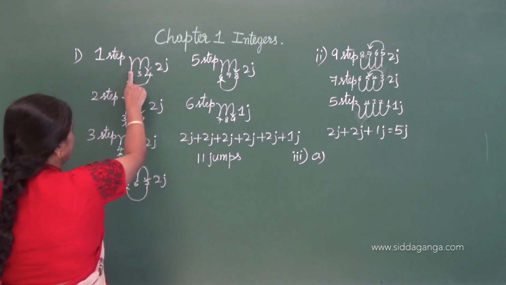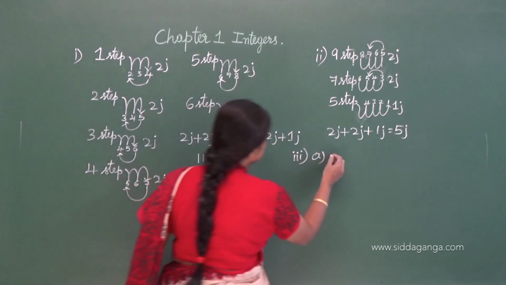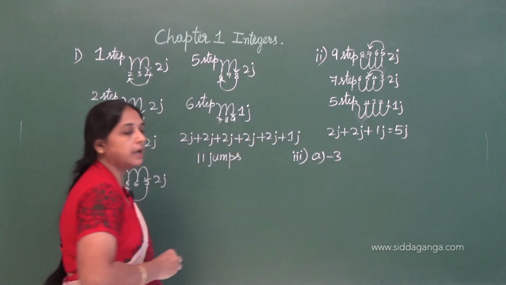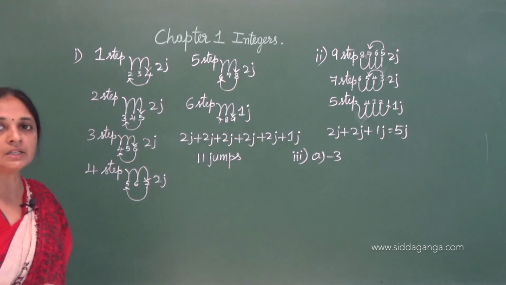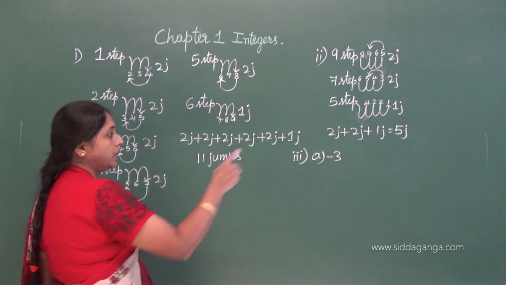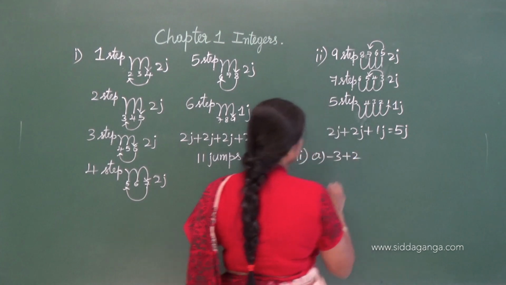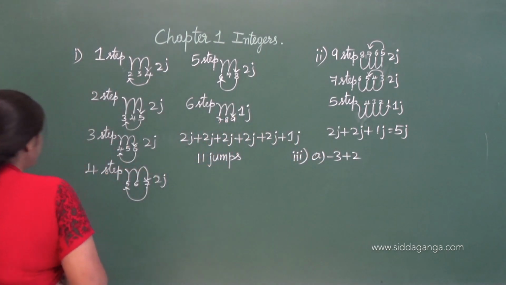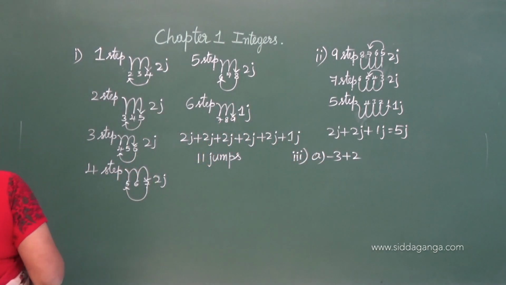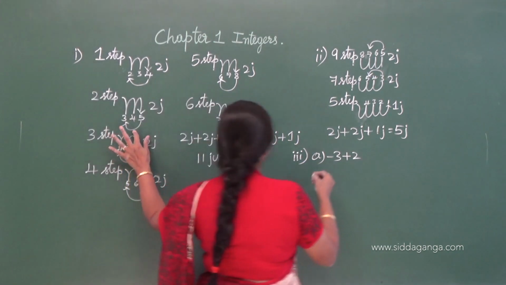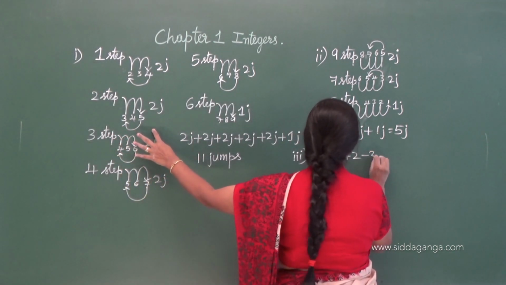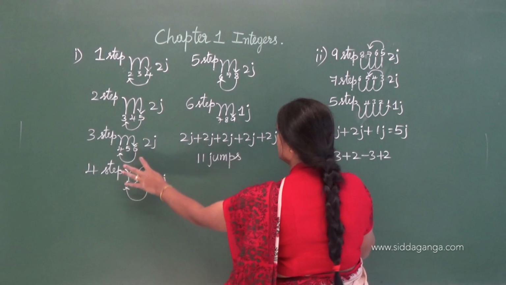For A, when it goes down, it is considered as minus 3. It goes minus 3 steps down, and when it comes up, it's considered as plus 2. So like this for all the jumps we have to consider, minus 3 plus 2.